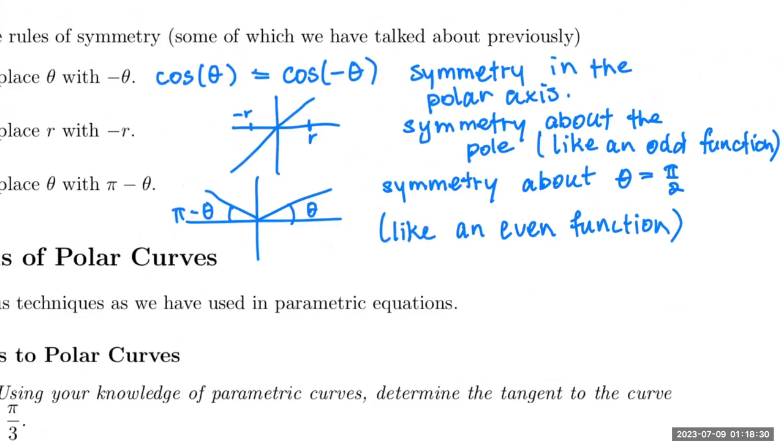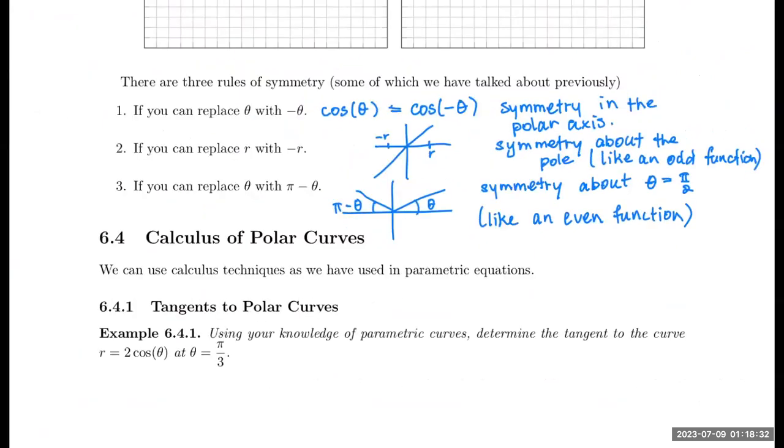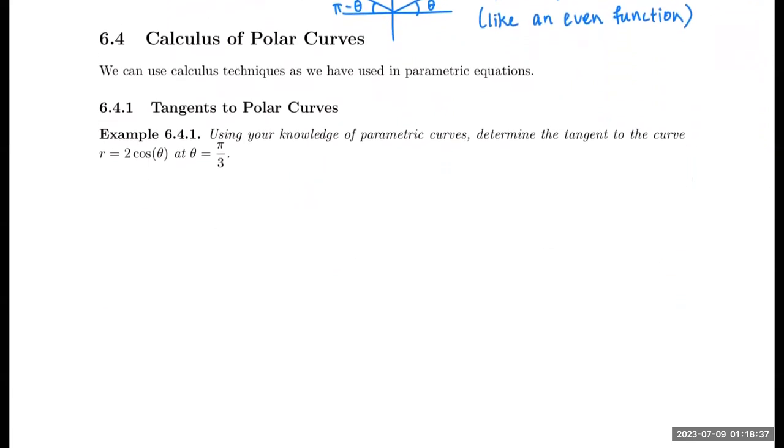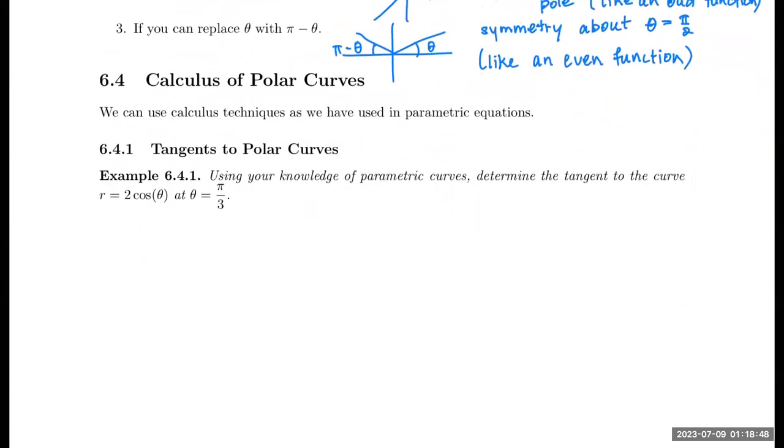Okay, so let us have a look at some calculus of polar curves. Once again, we look at how to use calculus techniques to differentiate. Recall that in the previous lesson, we said that dy divided by dx can also be written as dy divided by dt over dx divided by dt, right?